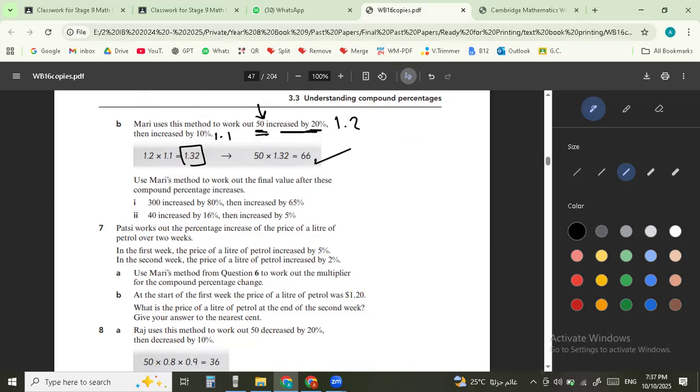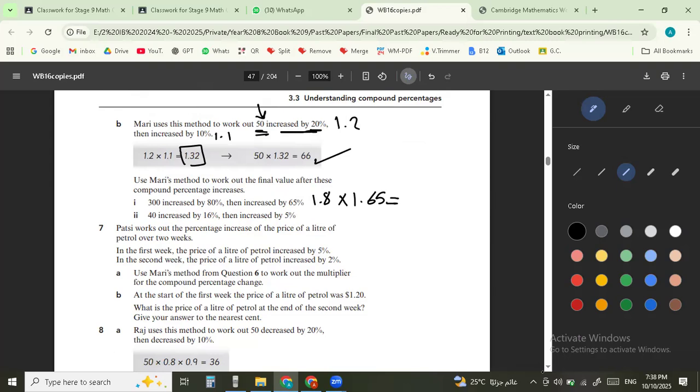I'm going to do increasing by 80%, that is 1.8. Then increasing by 65%, then it's times 1.65.